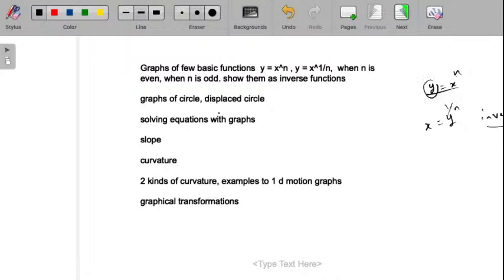If I have the value of y, the corresponding x is x equals y power 1 by n.